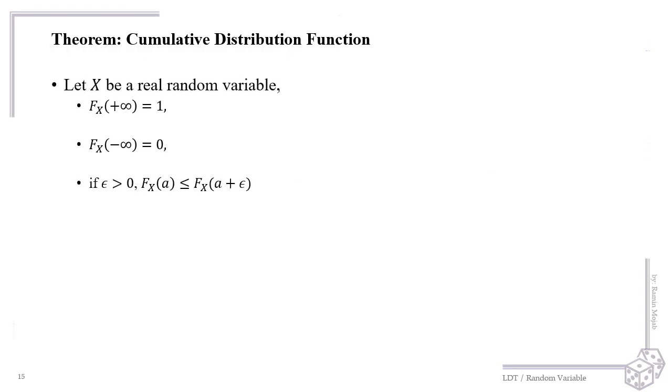We can prove some propositions here. Let X be a real random variable. The CDF at positive infinity is the probability that X is less than positive infinity, which means the probability of the preimage of R under X, which means the probability of omega, and this is 1.